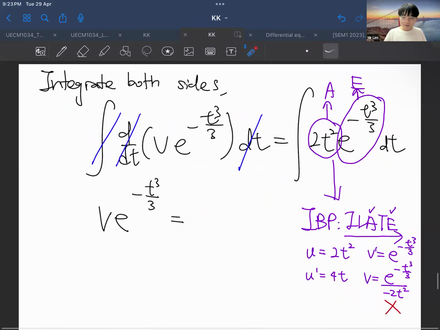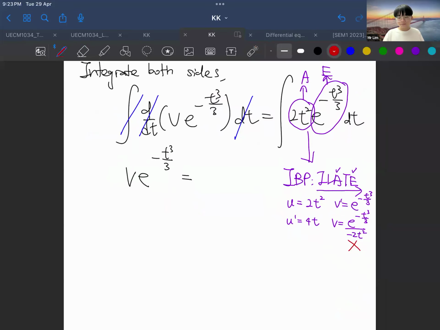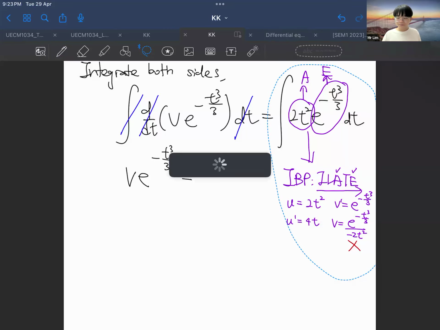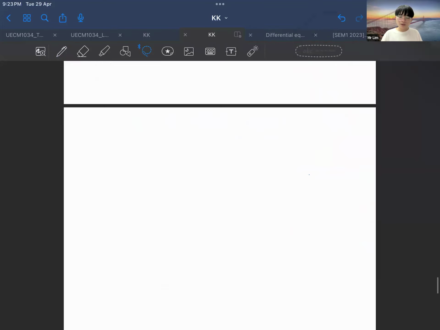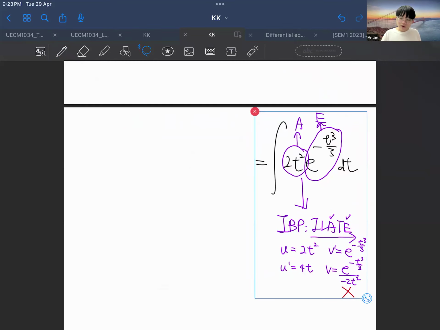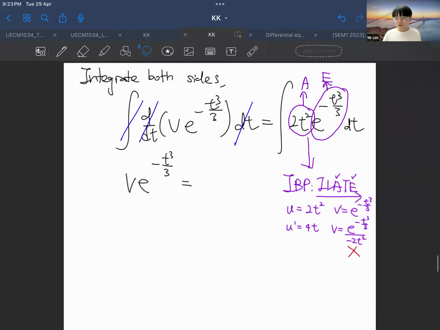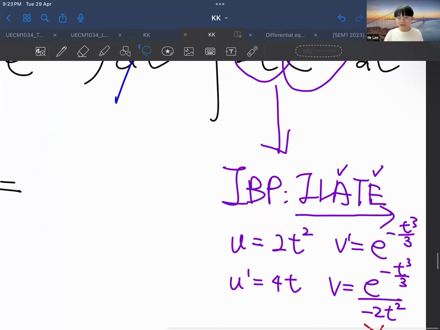This tells you that IBP is not a good method in this case. So we have to try another method. I copy and paste this somewhere else just to remind you, because this kind of integration is very popular even in your exam. So I'm just sharing some exam techniques.